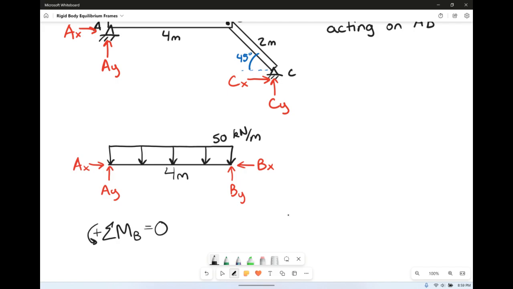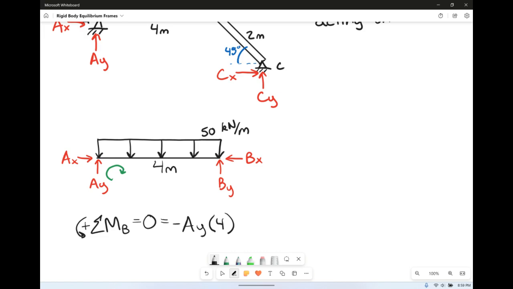AX does not have a perpendicular distance to B, so it's not in play, but AY does. AY is going this way around B, so that's going to be negative. So we have negative AY times a distance of 4 meters over to B.